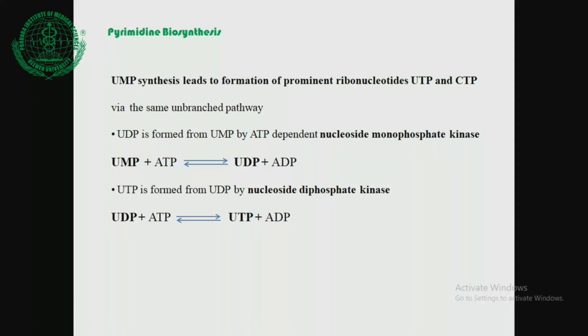Uridine monophosphate gives uridine triphosphate and cytidine triphosphate synthesis. UMP is converted to uridine diphosphate, and that is further phosphorylated to uridine triphosphate through a couple of enzymes called nucleoside monophosphate kinase and nucleoside diphosphate kinase respectively.